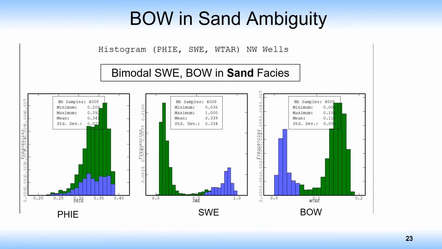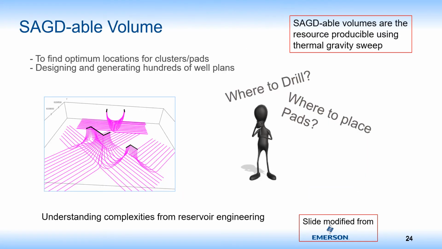Right, so I mentioned that because we showed this graph of the bimodal water, and here's the bimodal bulk oil weight with the 6% cutoff. Right, so now we want to actually plan some pads, some drainage, and we're looking for optimal locations for our wells.